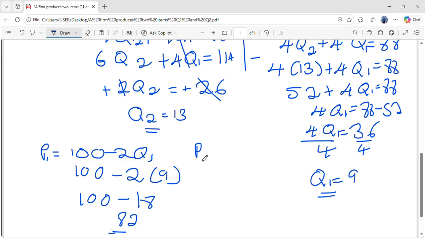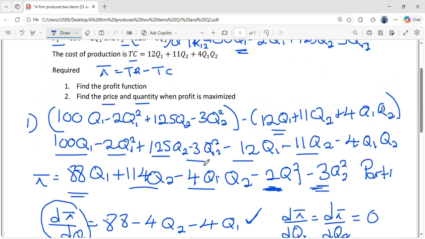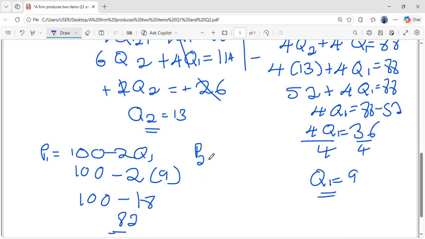Then for us to find the price of good number 2, we say 125 minus 3q2, where q2 is known to be 13. So it will be 125 minus 3 times 13. 3 times 13, we get the value to be 39.